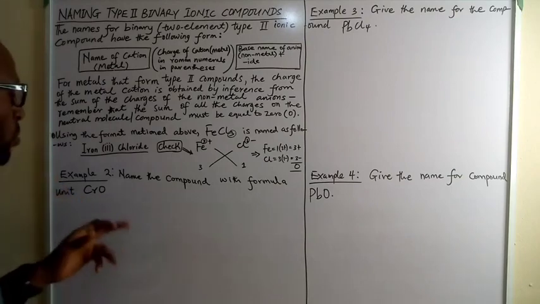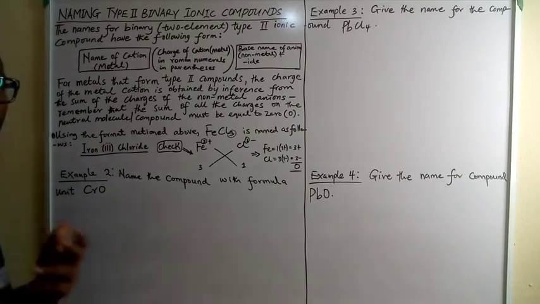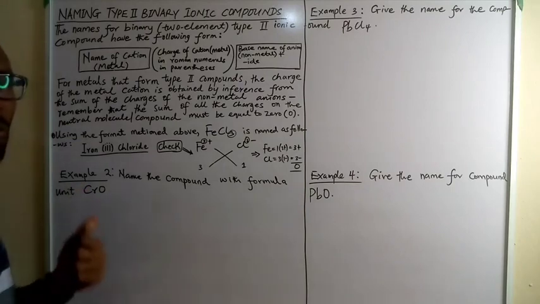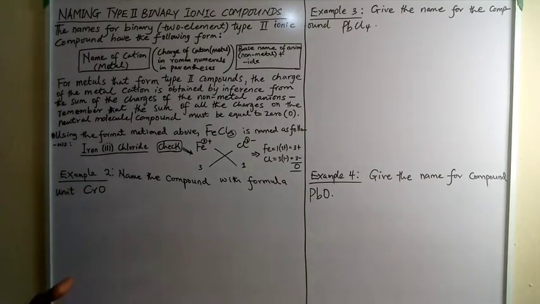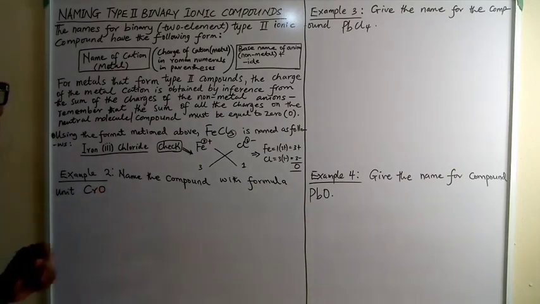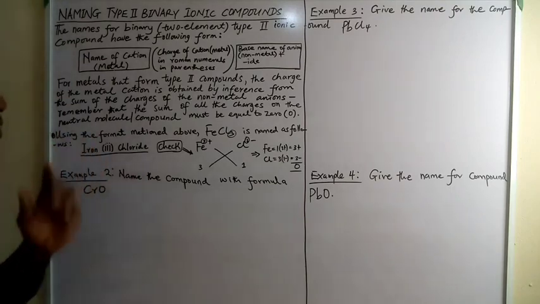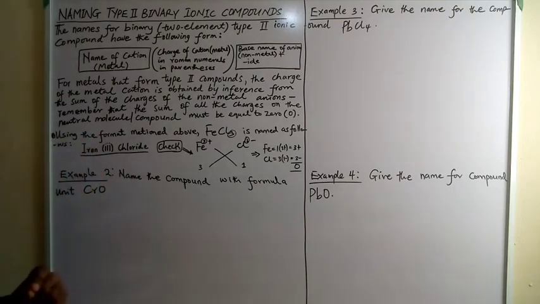It's very important because chromium can show the plus 2 charge, and sometimes it can show the plus 4 charge. So we need to know whether it's plus 2 or plus 4, as the case may be. For us to do that, we pay attention to the charge that oxygen will form. Oxygen will always form a 2 minus charge. It's that simple. So remember to always imitate your teacher.